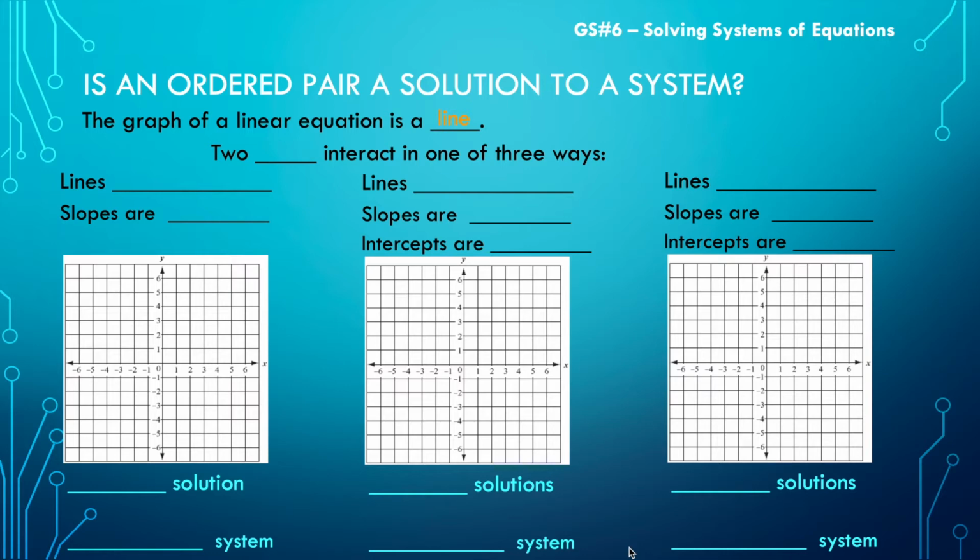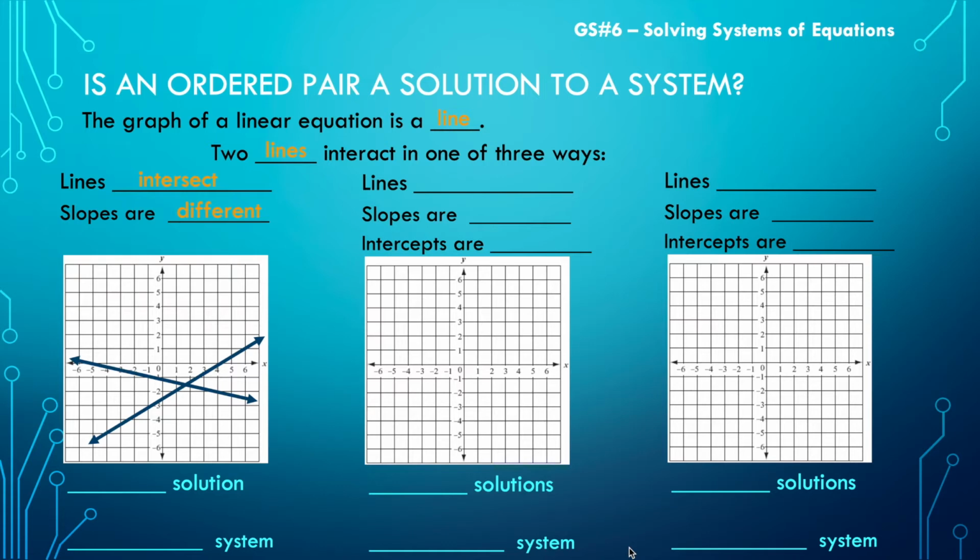we would think about how two lines interact in one of three ways. The very first one is the most obvious one. If you have two lines that intersect at some point on the plane, they intersect in a single point. One thing you can say about those two lines is their slopes are different. If their slopes are different at all, they will intersect at some point.